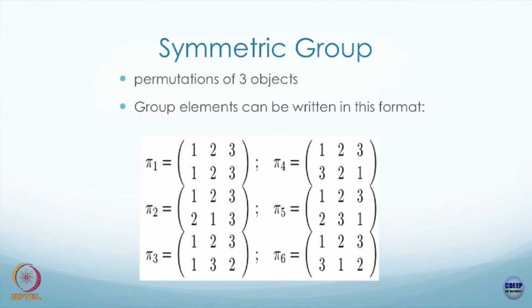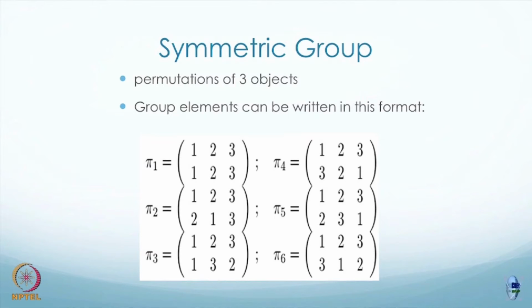Pi 1 is an identity element, pi 2 exchanges 1 and 2, that is also consistent with what I did. Pi 3 is 2 and 3, and pi 4 is 1 and 3. So, the pi 3 and pi 4 have to be exchanged. Pi 5 is 1 becomes 2, 2 becomes 3, 3 becomes 1.